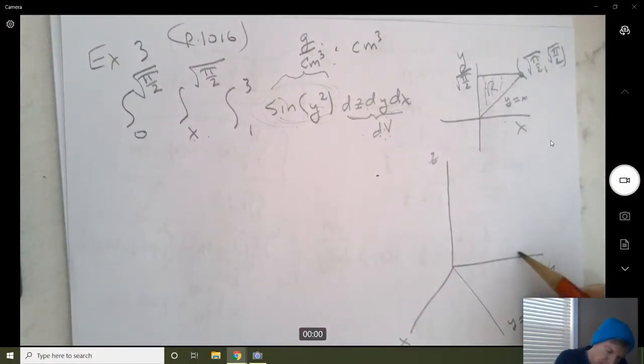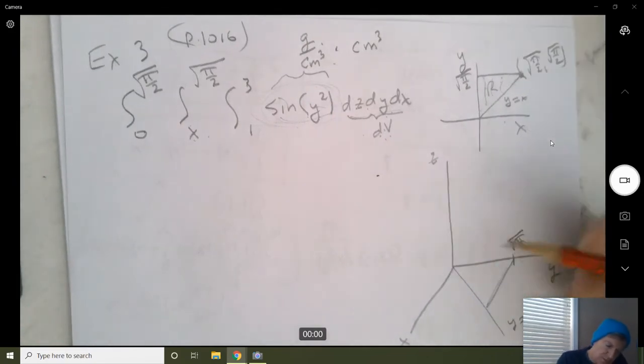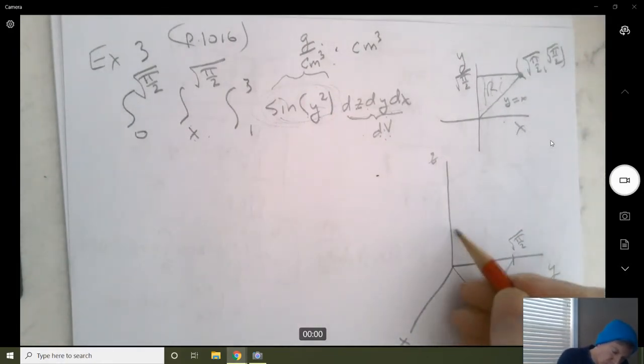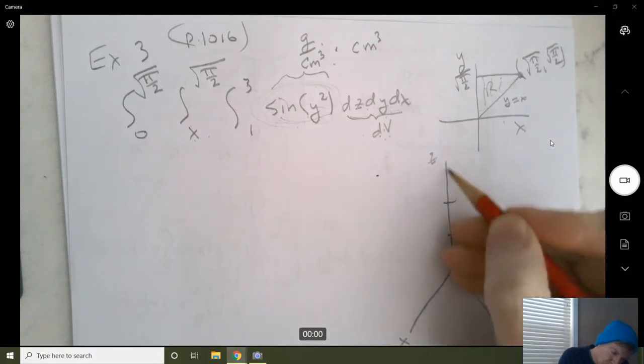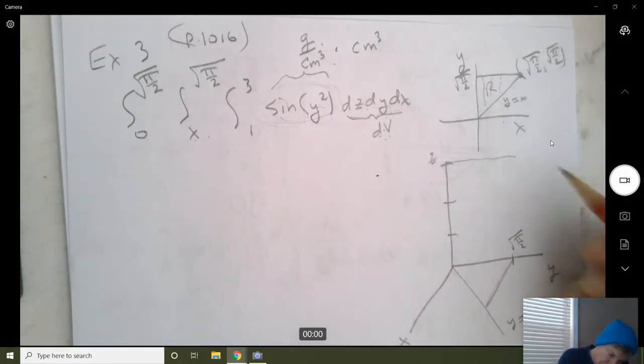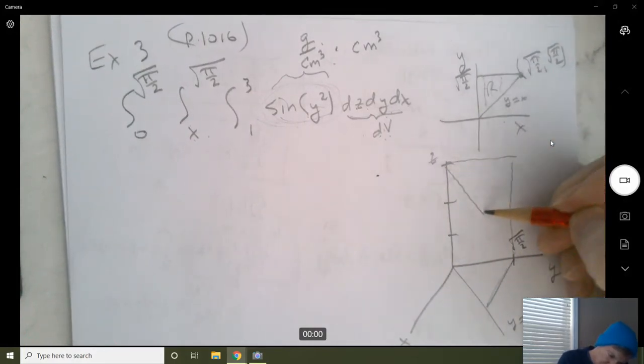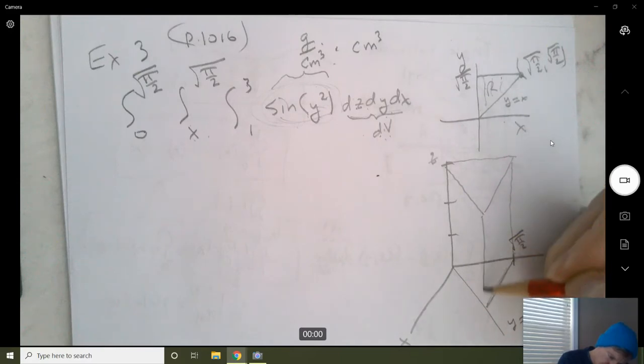So let's say we've got here root pi over 2, and we're going to draw parallel to the x-axis as we go out here because our y value is constant. Now we're going to draw, say, 1, 2, 3. And at 3, we draw this same exact shape. And you've got your cylinder.